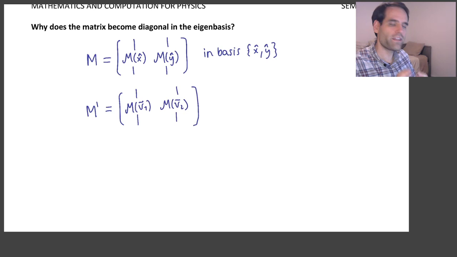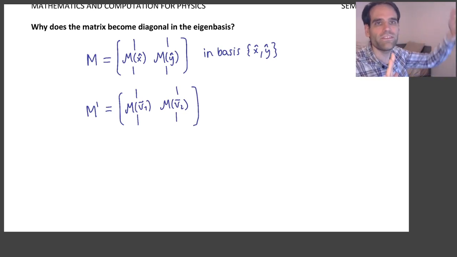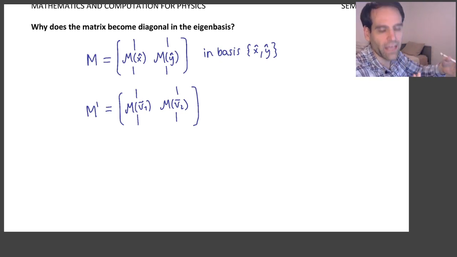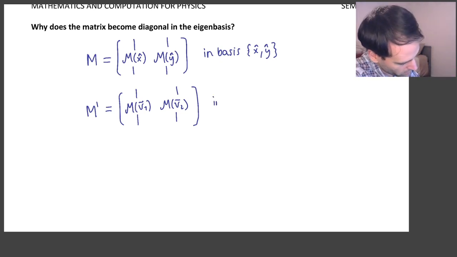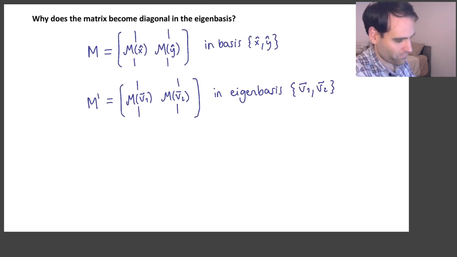In general, if we were in n-dimensional space, this would just be v1, v2, v3 up to vn, corresponding to the n eigenvectors. So this is in the eigenbasis v1, v2. But now I ask you, what is the transformation M applied to v1?